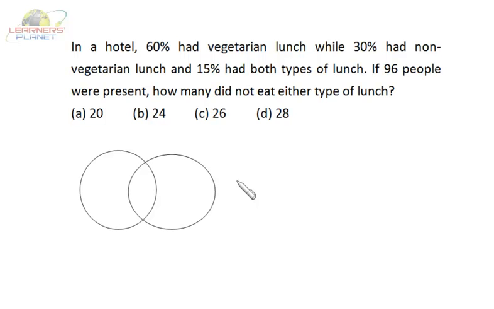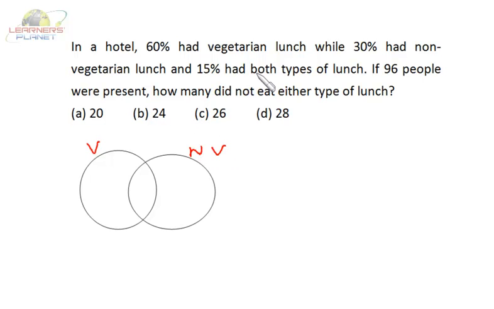Now let's see this problem. In a hotel, 60% had vegetarian lunch while 30% had non-vegetarian lunch and 15% had both types of lunch. If 96 people were present, how many did not eat either type of lunch? So it's the circle of vegetarian and it's the circle of non-vegetarian.